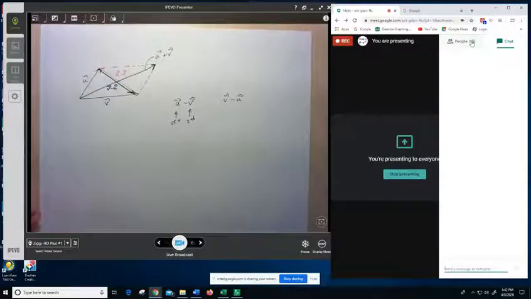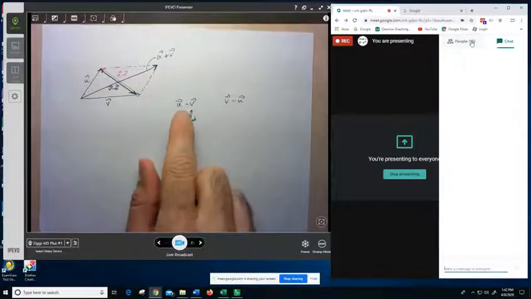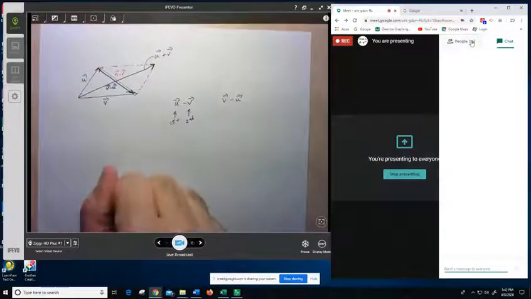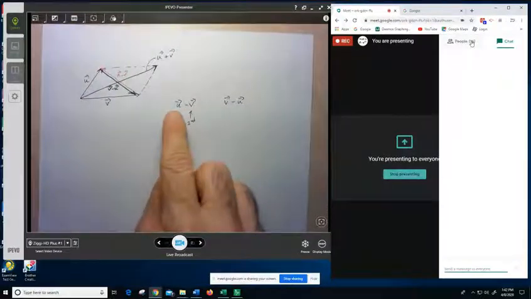It's the other diagonal, but as expected, they're opposite vectors. So when you're subtracting two vectors that are tail to tail, it's from the tip of the second to the tip of the first.